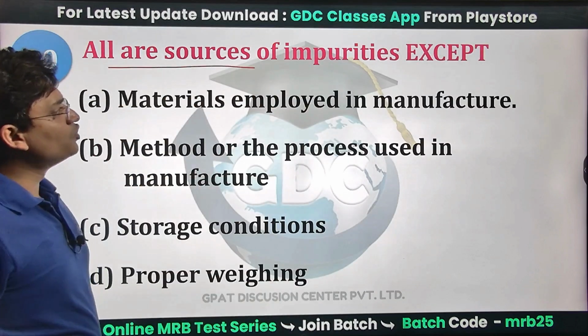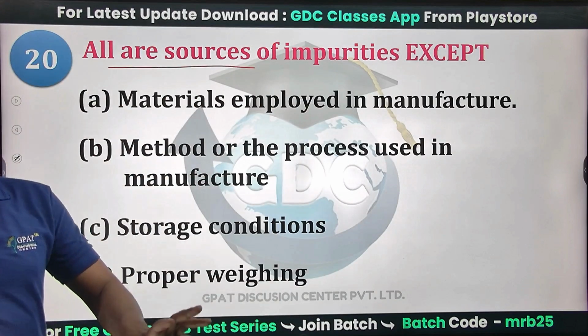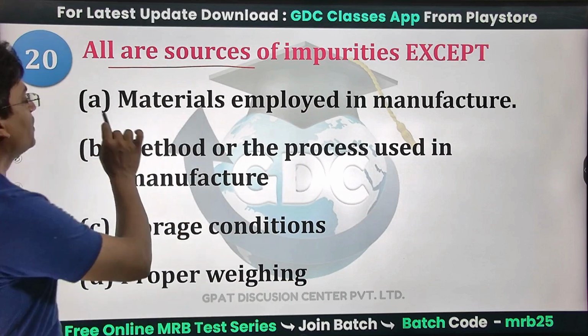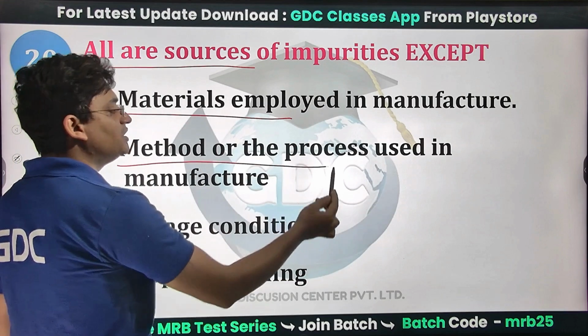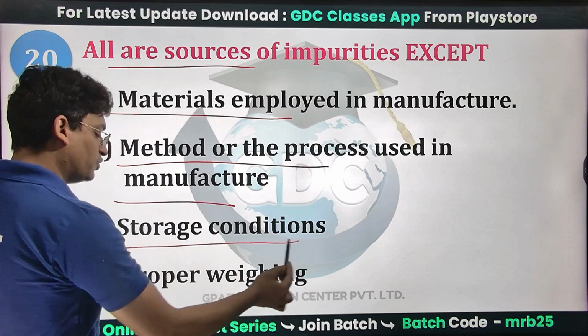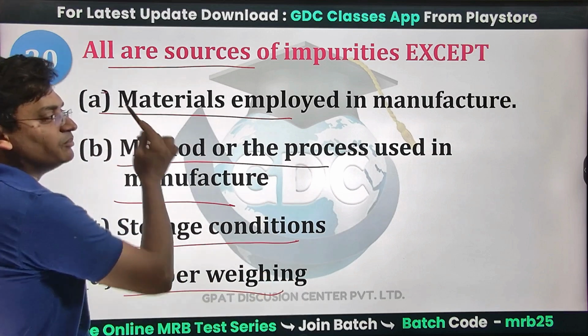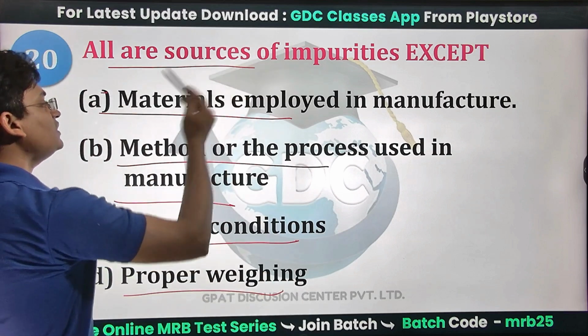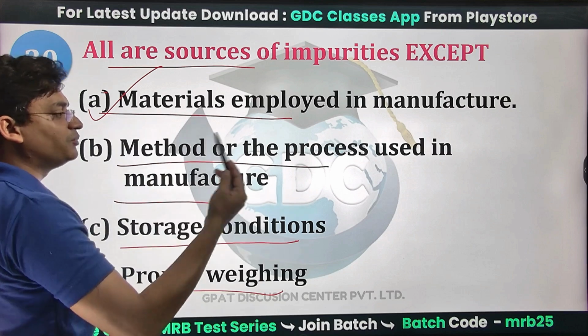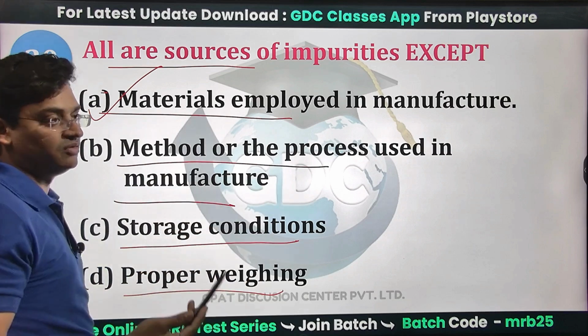All of them are sources of impurities except: materials employed in manufacture, methods or the process used in the manufacture, storage conditions, or proper weighing. Materials employed in the manufacture can cause impurity. Method or the process used in manufacturing, yes, of course.